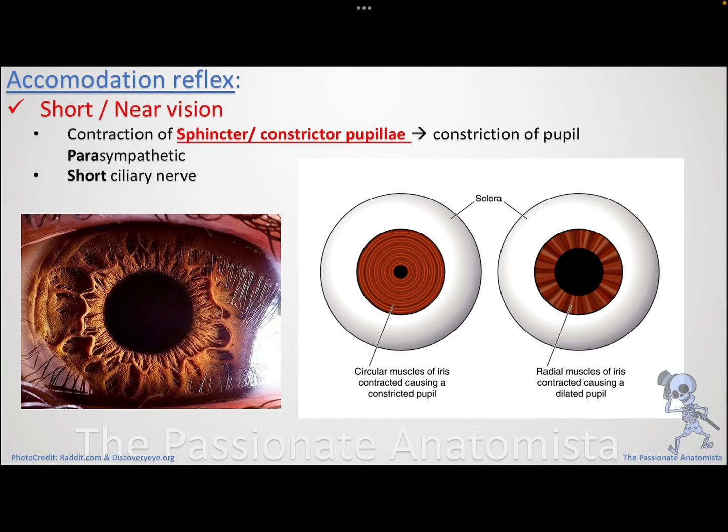Unfortunately my pencil is not working, but I think the image is good enough to tell you that the sphincter pupillae constricts because the fibers are circular. If they contract, they constrict the pupil, and the radial ones, if they contract, pull it far away and the pupil becomes wider, so you get more light because you want to see the very far object.